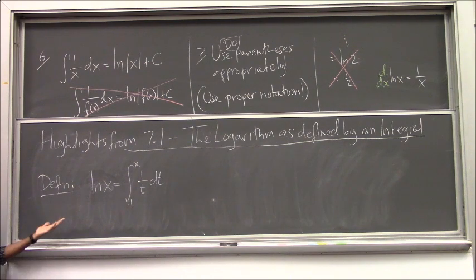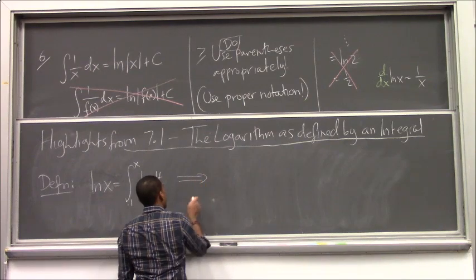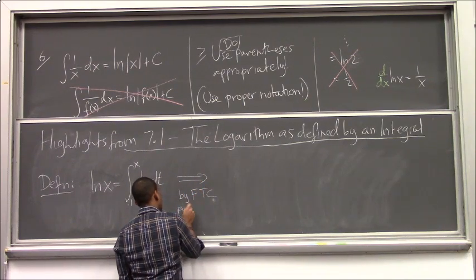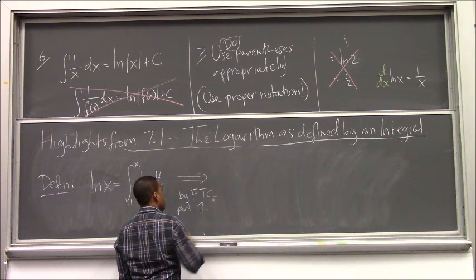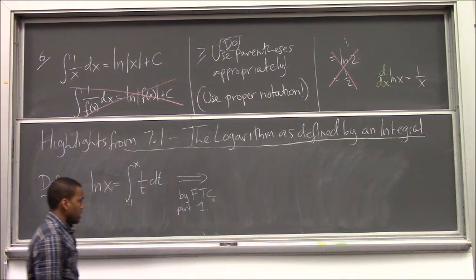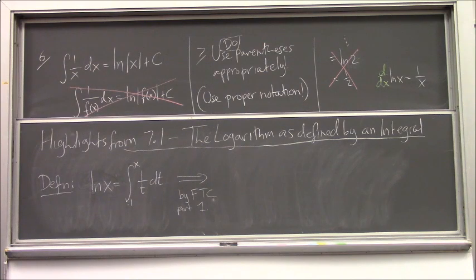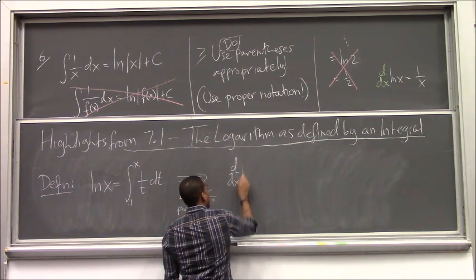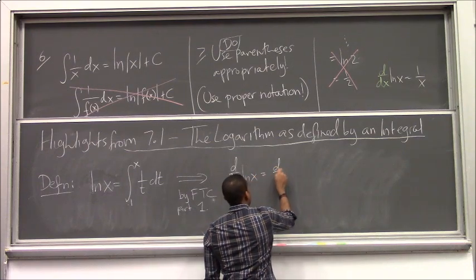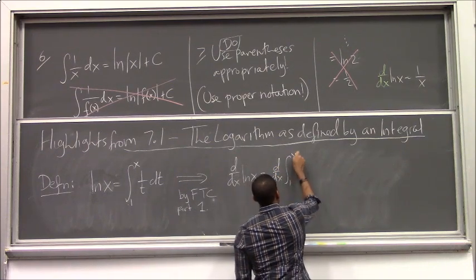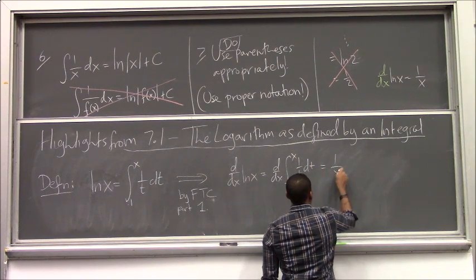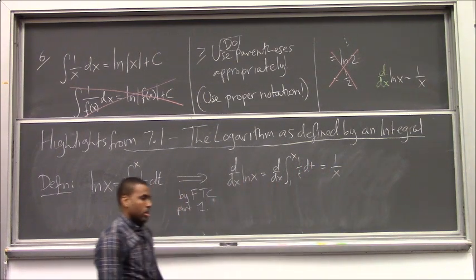So they pretty much made this definition, and you can derive this easily by the fundamental theorem of calculus, part 1 in your textbook. Although when I taught it in Calc 1, I sort of looked at this as part 2. The derivative of this is just going to be 1 over x by the fundamental theorem of calculus.